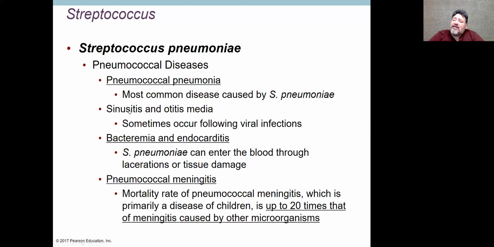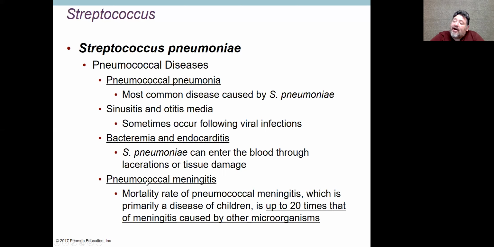So in infants, this Streptococcus pneumoniae can spend a lot of time in the middle ear and cause what's called otitis media, inflammation of the middle ear, okay? And that gives rise to the opportunity of additional opportunistic infections, okay? It can enter the blood, it can enter the heart, okay?